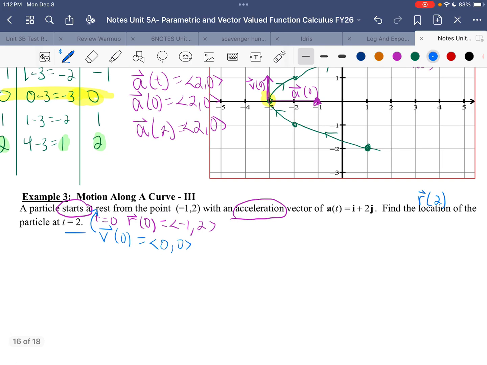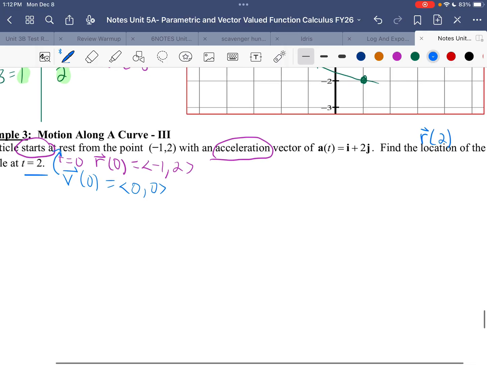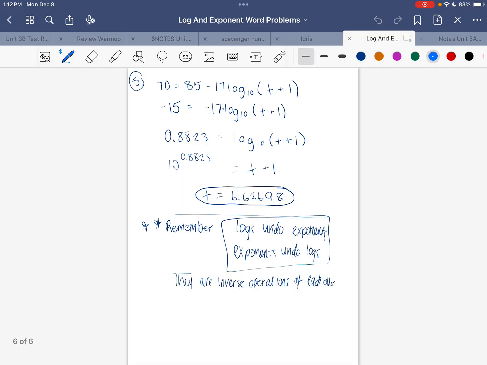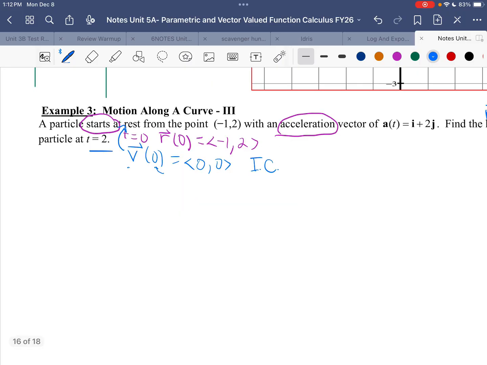In order to find r at 2, we have to find r. See how this velocity doesn't have a t? This is kind of like an initial condition. So we first start off with the acceleration vector. We're going to need to get first velocity and then the vector function.